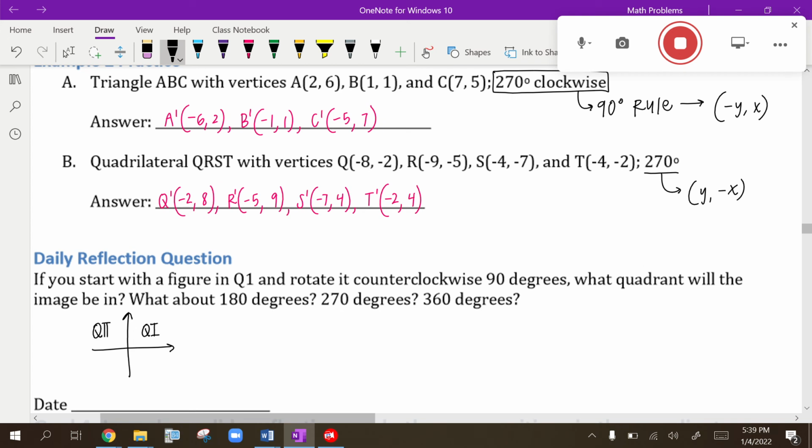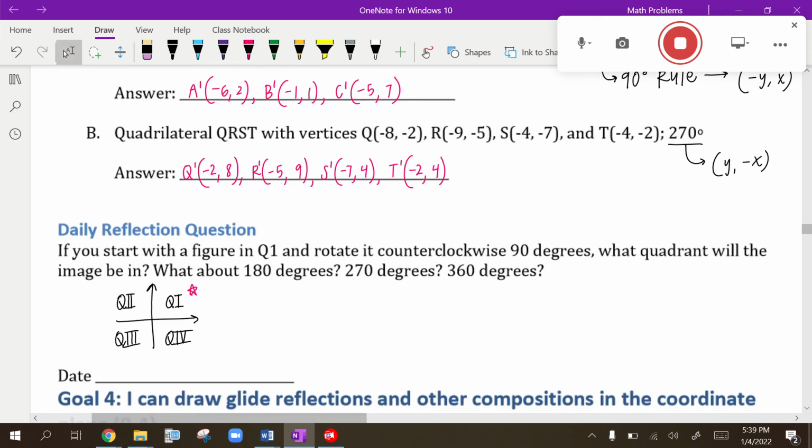Quadrant 2 is the top left. Quadrant 3 is the bottom left. And quadrant 4 is the bottom right. Based on the quadrants and our rotations, what we know about that, can you answer this question? Where will this figure end if we're starting in quadrant 1? Go ahead and answer that.